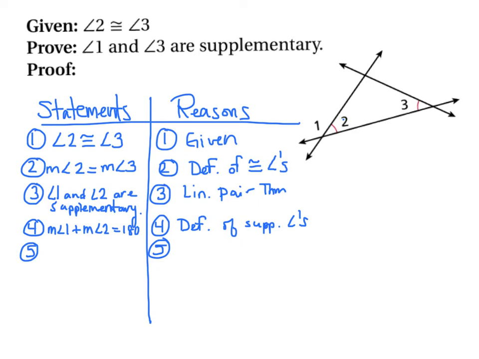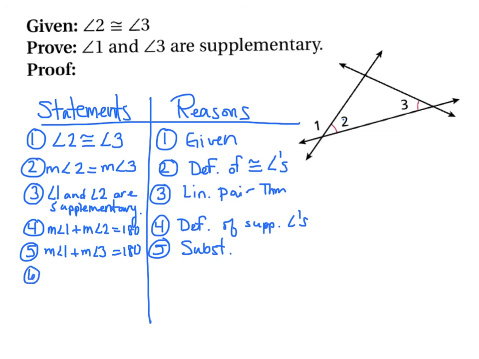If you had y equals x plus 5, you took it and plugged it in for y. We are saying that the measure of angle 2 equals the measure of angle 3, so we're going to substitute it in. So we can then say the measure of angle 1 plus the measure of angle 3 equals 180. Why? Because of substitution.